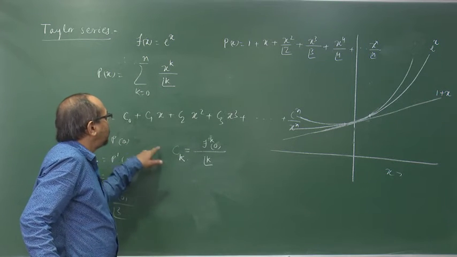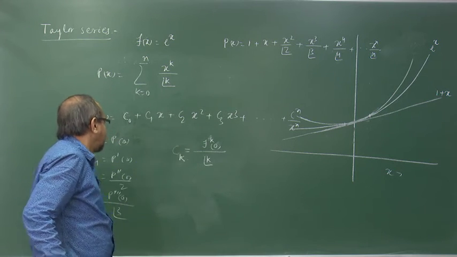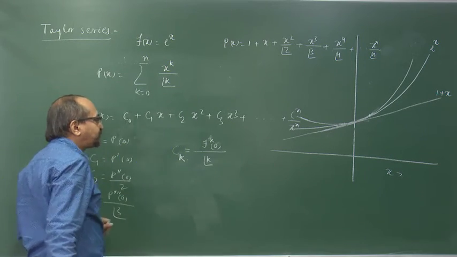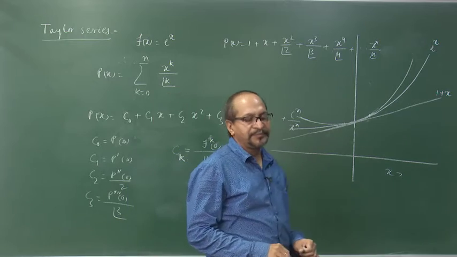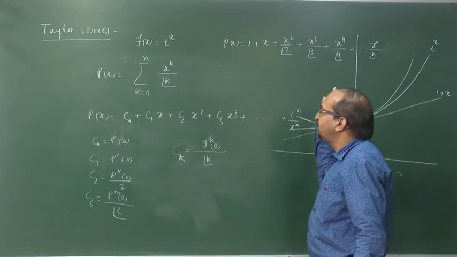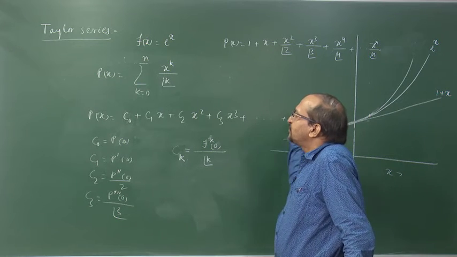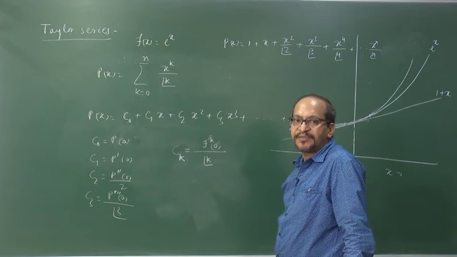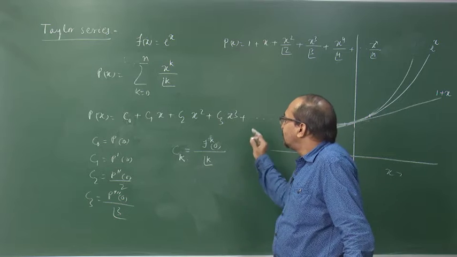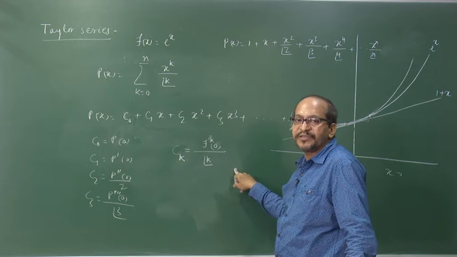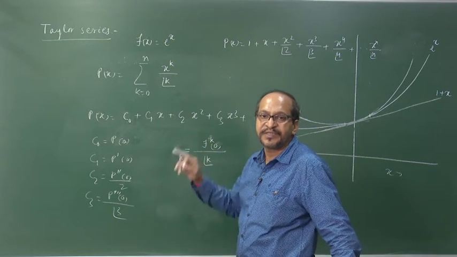When we express the function as an approximation by an infinite series, a polynomial function, the coefficients of each term must satisfy this condition. These are the conditions to be satisfied.